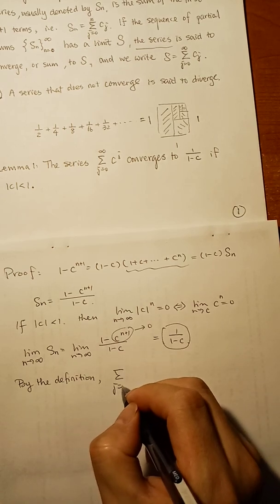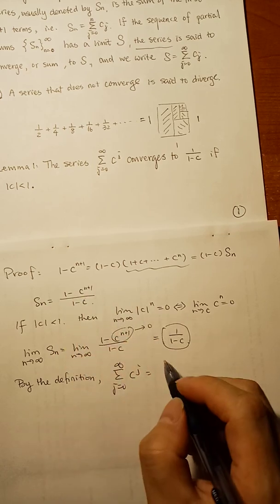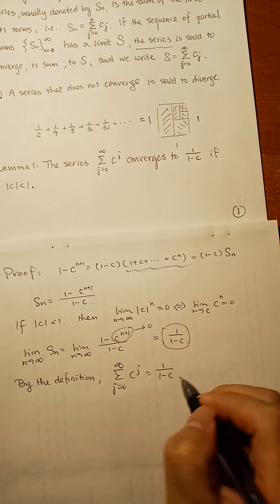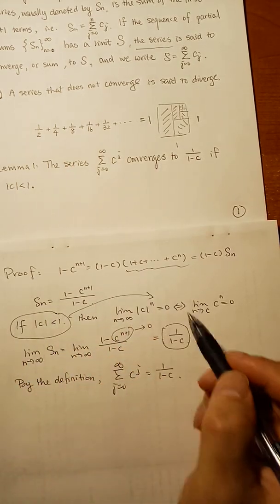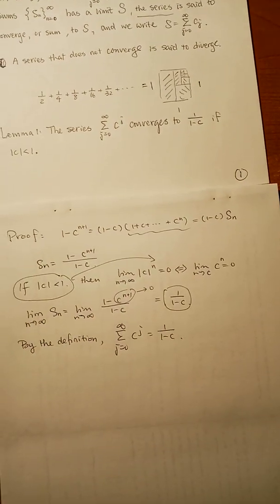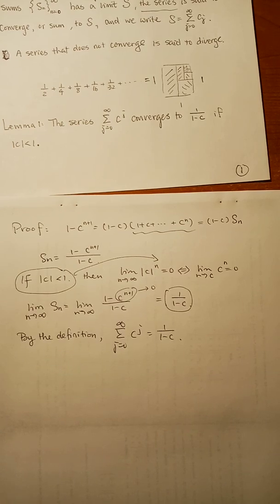The sum of c to the j, j from 0 to infinity, is 1 over 1 minus c. Here, this condition is used to guarantee the limit exists and is equal to 0, right? Yeah. What is the standard proof?